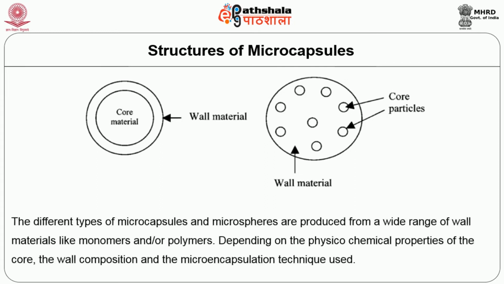The different types of microcapsules and microspheres are produced from a wide range of wall materials like monomers and polymers. Hence, depending on the physico-chemical properties of the core, the wall composition and microencapsulation technique used, different types of particles can be obtained. This is shown in figure 1.